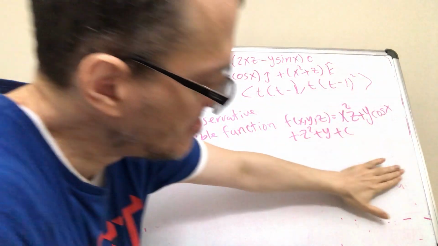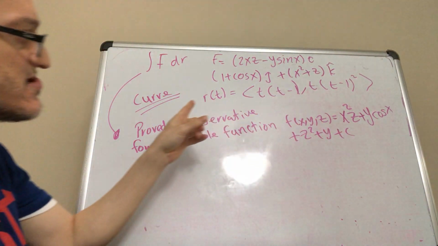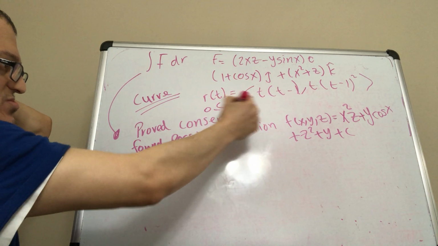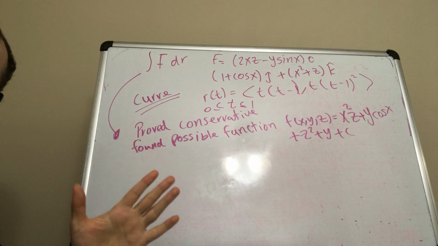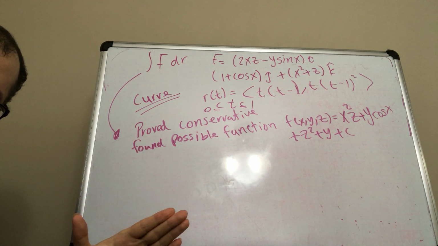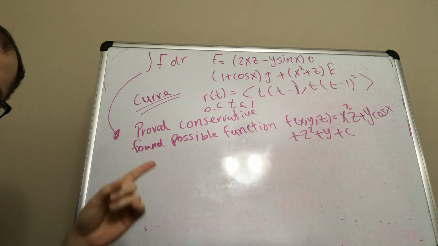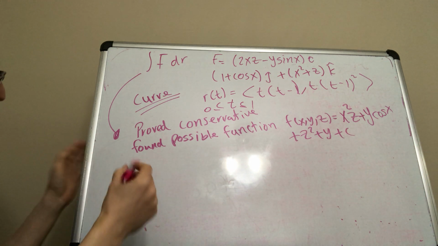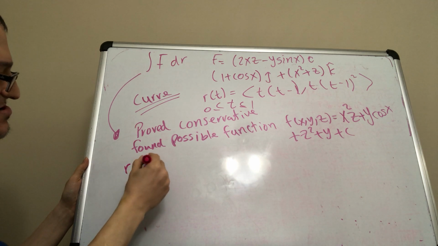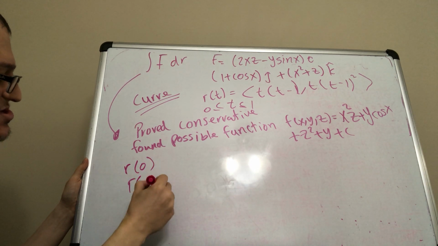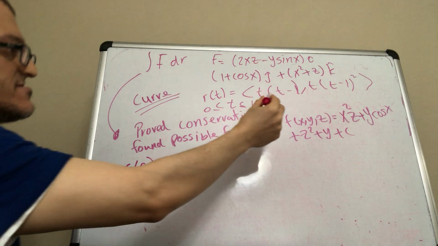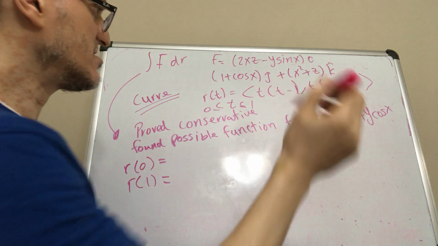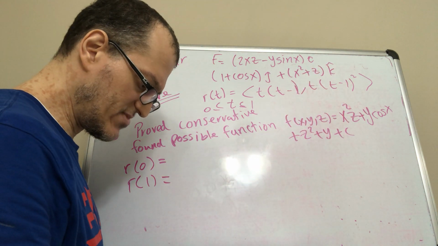Now, let's see, they tell you it's for t from 0 to 1. Does it start at 0 and finish at 0? If it starts at 0, 0 and finishes at 0, 0, then the integral is 0. So you plug in 0 and plug in 1 to see what you get. It's only 2 dimensions. Why is it only 2 dimensions? Am I missing something?